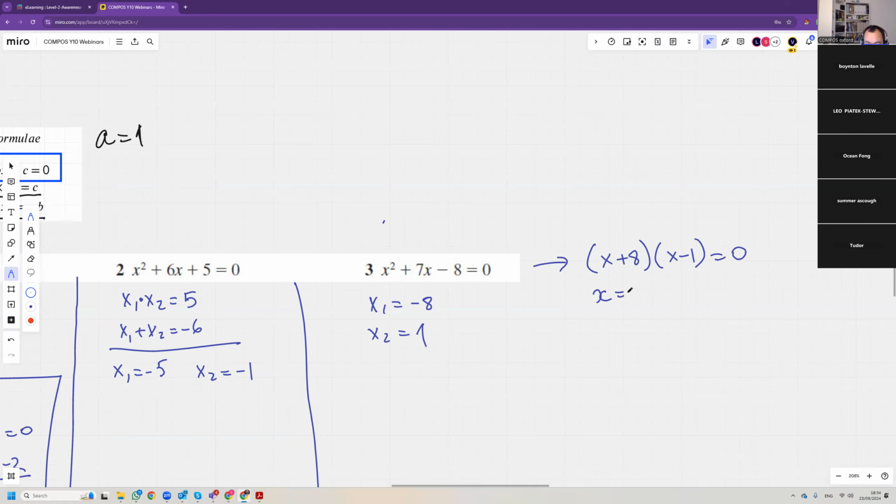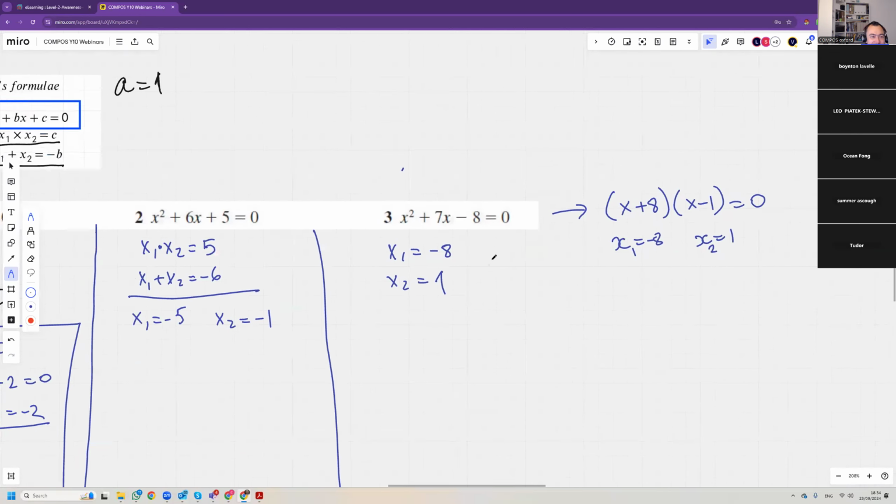That means x equals minus 8 and x equals 1. Yeah? Lily and Anshu, are you convinced? Yeah, that's the thing. It is a sign swap.